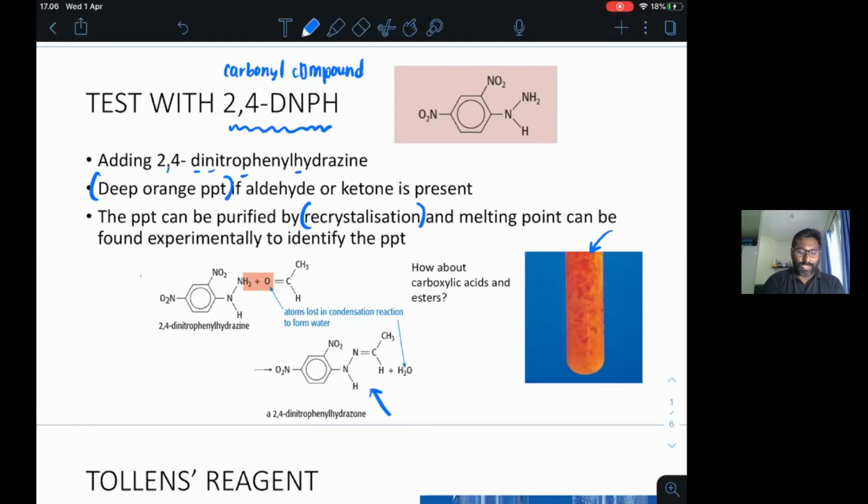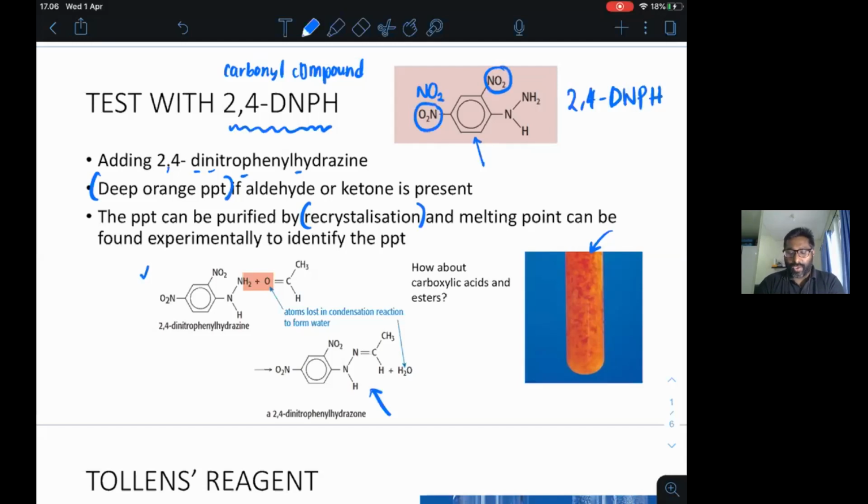Before we go on with the equation, I want you to have a look at the structure of 2,4-DNPH, which is given over here. You will have a ring, a benzene ring, and it is connected to NO2, and this one is also NO2.